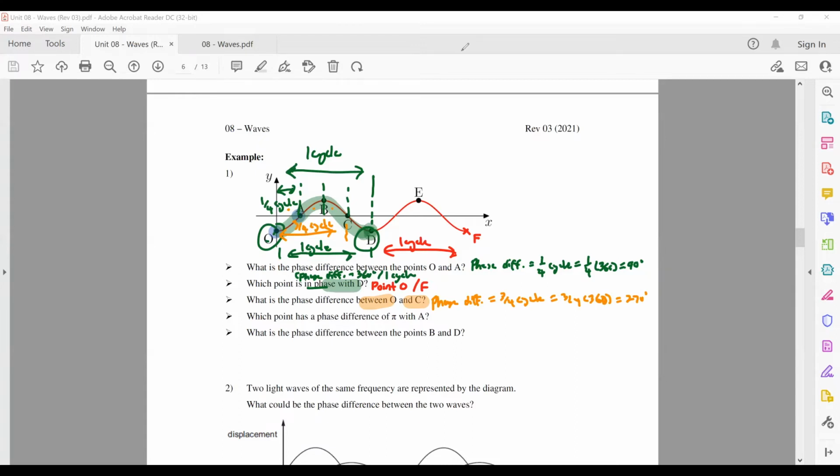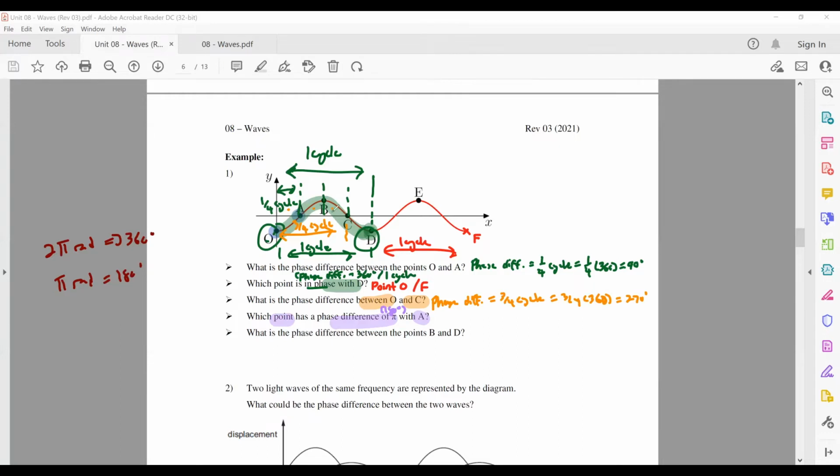Now, moving on to the next point, which point has a phase difference of pi with A? Pi here would mean a 180-degree phase difference. If you have 2 pi radian, then it's 360. If you have pi radian, the phase difference must be 180 degrees.